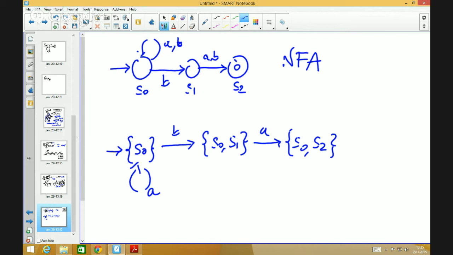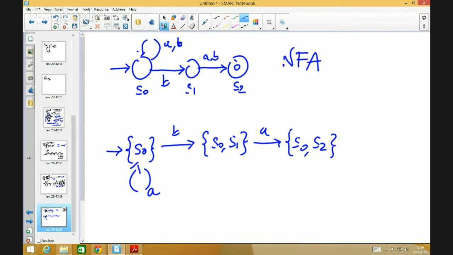Well, you were in either S0 or S1. If you're in S0 and you read an A, you go back to S0. And that's the reason why you have S0 here. You have to record all the possible next states that you could reach from any of the states that are recorded in your set where you're currently residing.